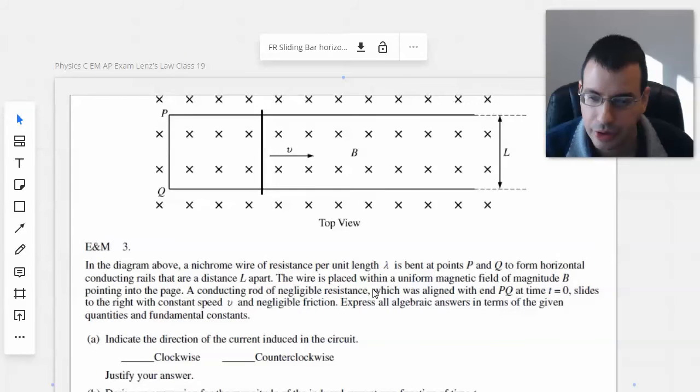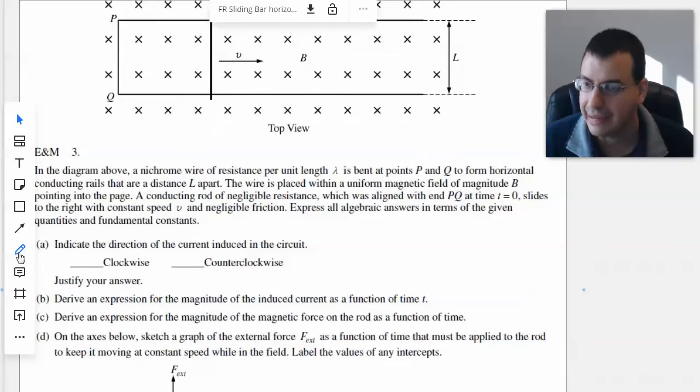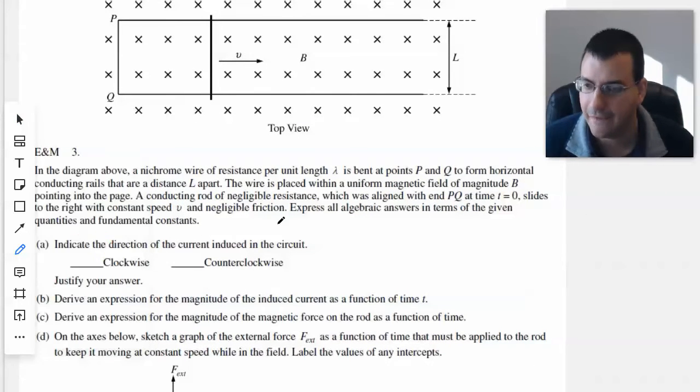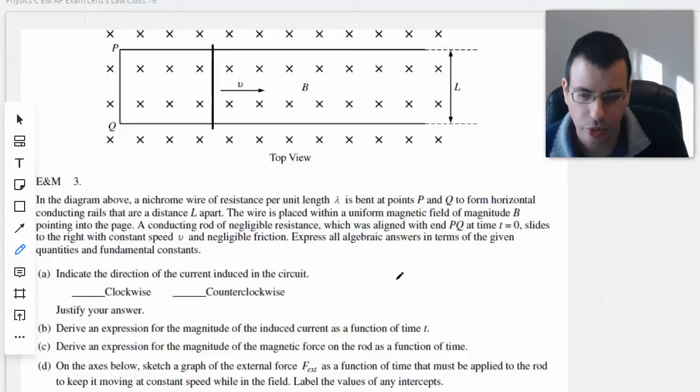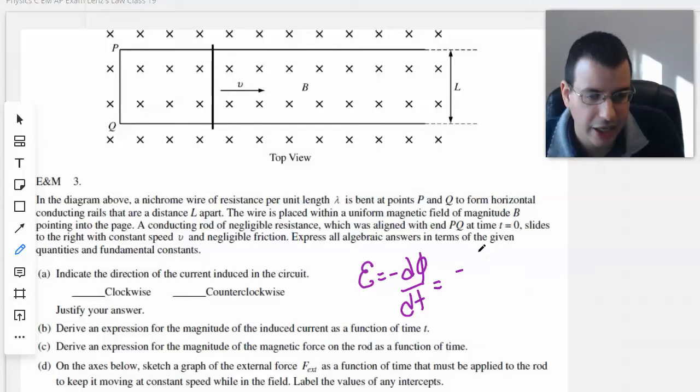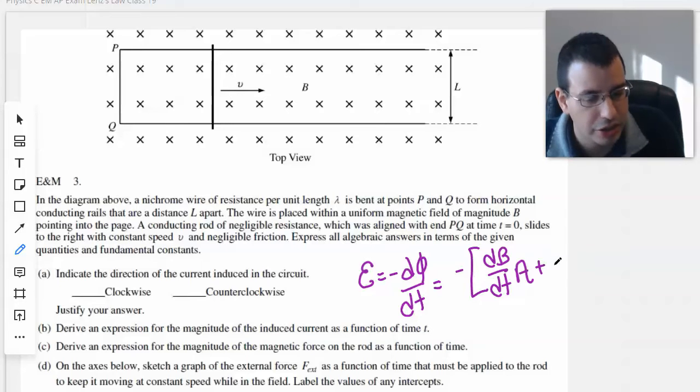Okay. So indicate the direction of current induced in the circuit. I am going to write up Lenz's law real quick. EMF equals negative d flux dt, which equals negative, and this will be dB dt times area plus B dA dt.